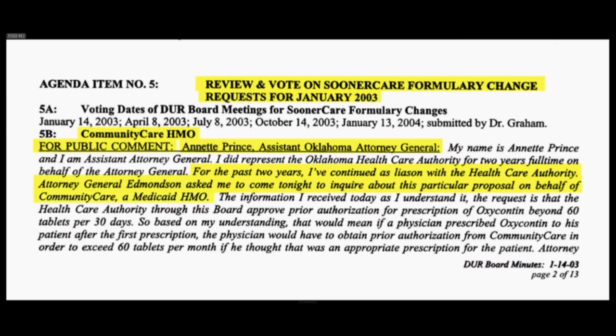That's what it says. And she indicated, as recounted in the minutes here, that the information I received today, as I understand it, the request is that the Healthcare Authority, through this board, approve prior authorization for prescription of OxyContin beyond 60 tablets per 30 days, right? That's what it says.